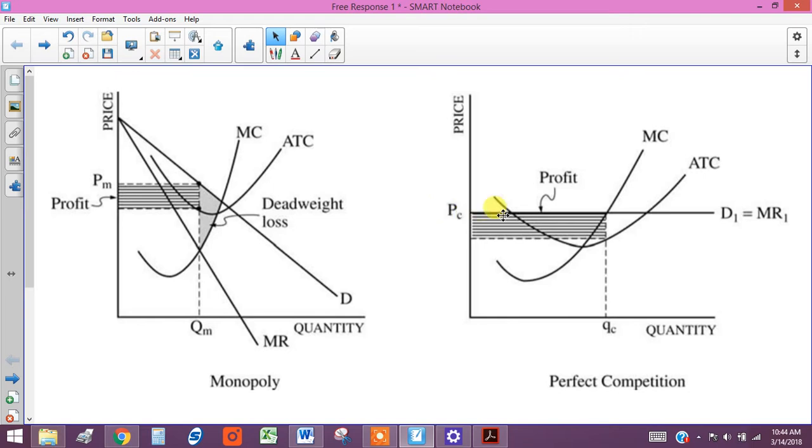So here's your price in your perfect competitor, and here's your price here, average total cost down here, price here, average total cost down here in your perfect competition. Okay, so that's what these should look like. Now let's go through each of the requirements of your question.